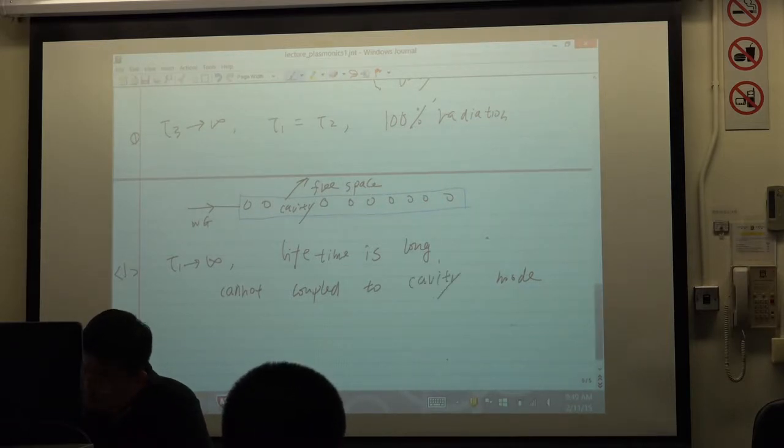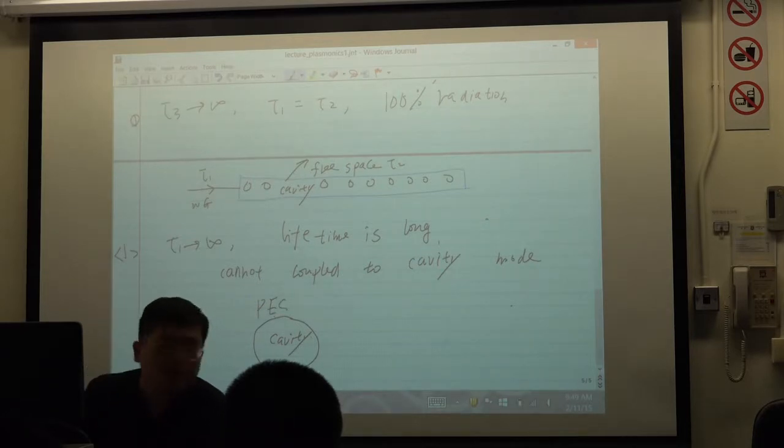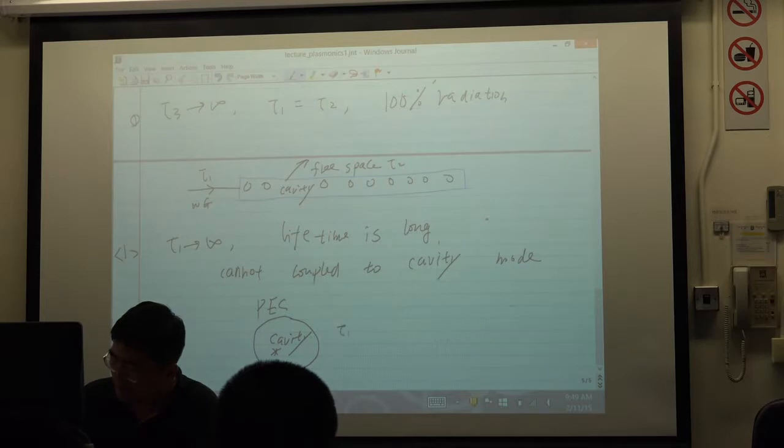When tau 1 goes to infinity, this is tau 1 and this is tau 2, that means this cavity, because of reciprocity, if the cavity is a PEC, a perfect electrical conductor, and there's a source within the cavity, it does not leak out. It does not couple to anything. That means tau 1 goes to infinity.